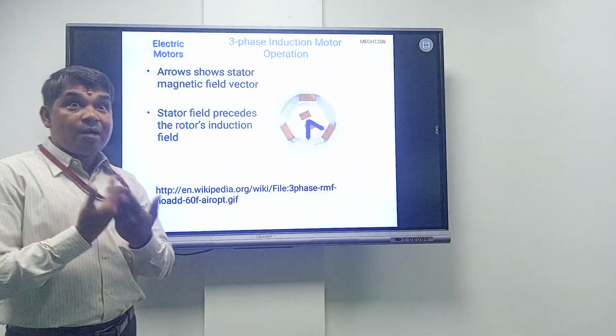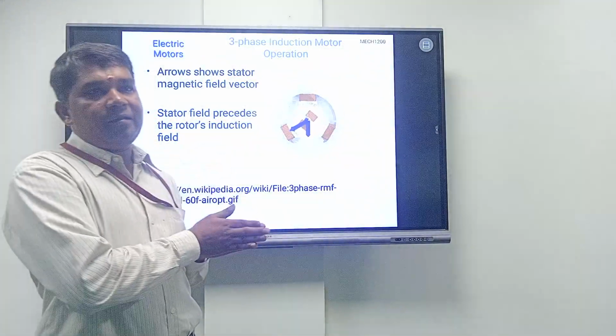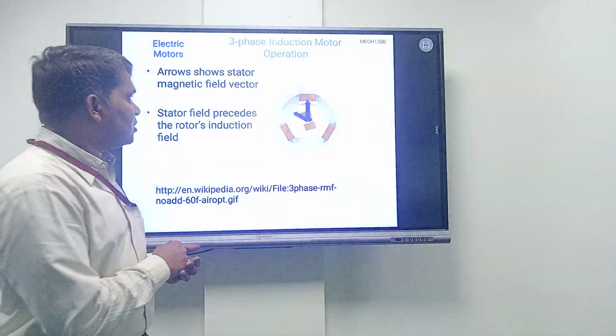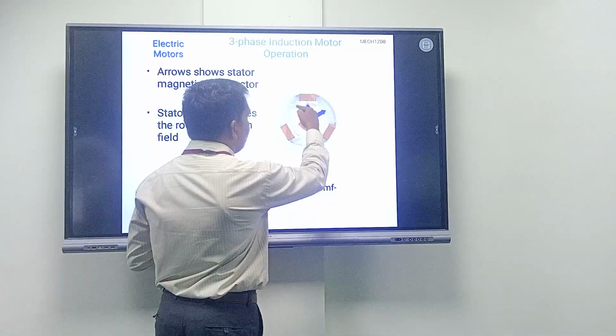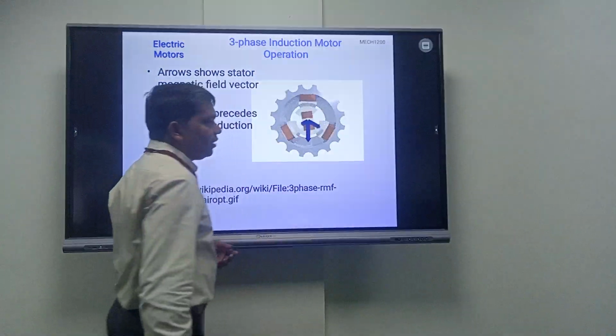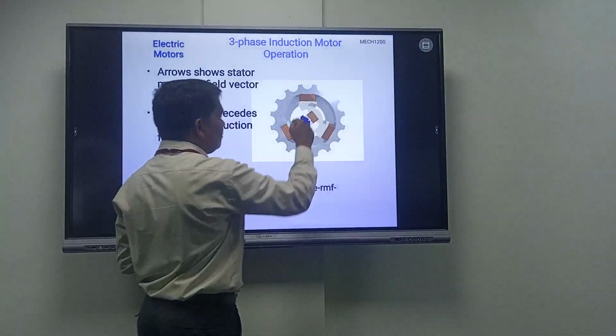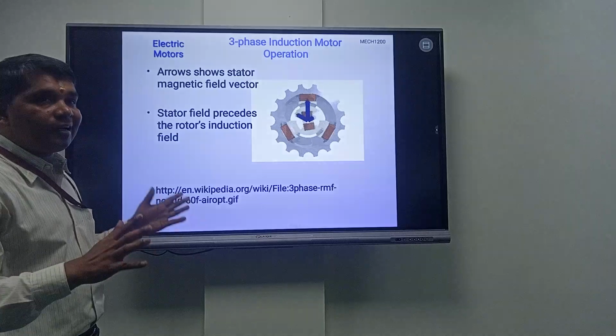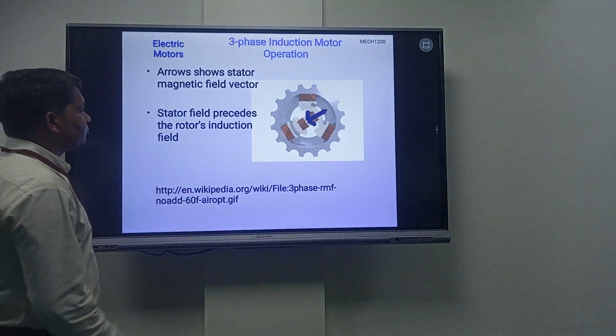So the stator needs to be given supply. The stator field will also have some phase angle difference according to its magnetic strength. Magnetic availability to the rotor from pole to pole will be different. Three different phases will be there, and in the rotor there are no phases, a single conductor winding will be used.